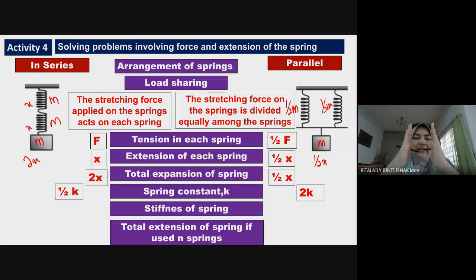So bila in series dia jadi extend double. Therefore the spring constant becomes half. But for parallel the extension jadi half. Therefore the spring constant becomes double. Okay, sebab dia opposite. A stiffer spring will have a larger spring constant.